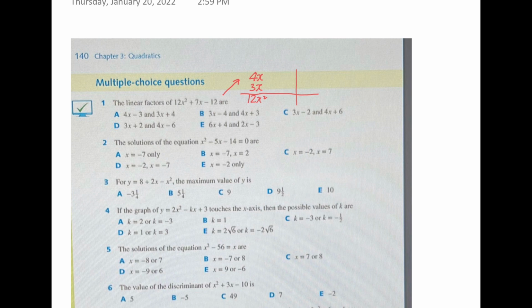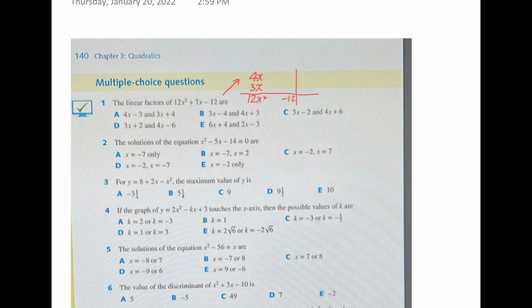Then at the same time I have to think of 2 numbers that multiply to get negative 12. And at the meantime, when you cross multiply with these 2 and add up the products, you have to get positive 7x. So let's say I consider the choice here, 16 minus 9.